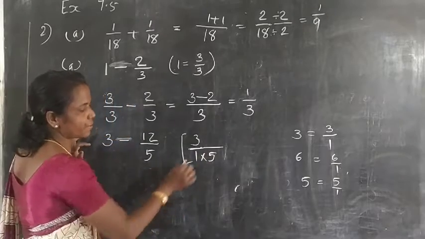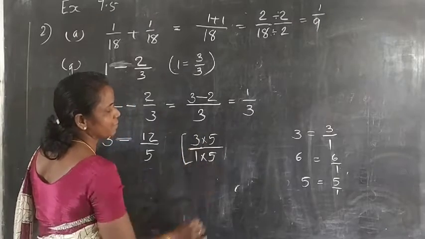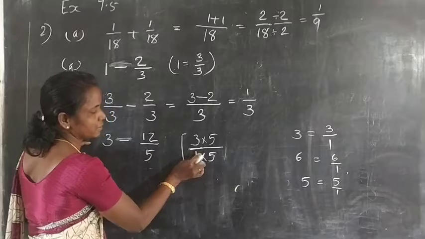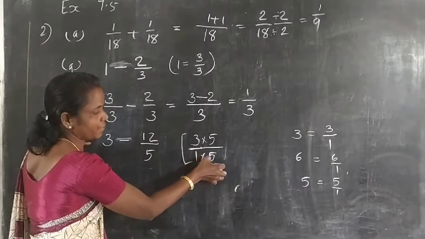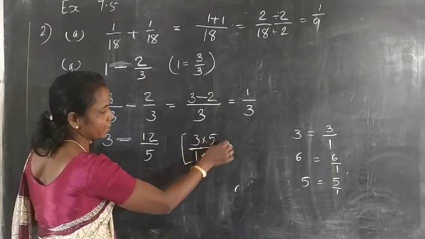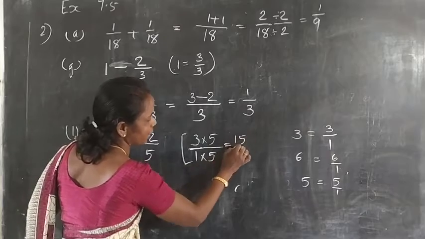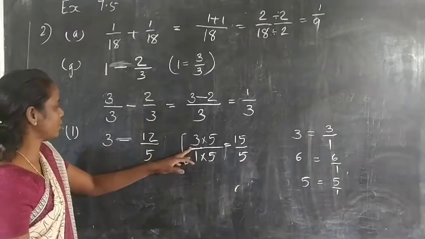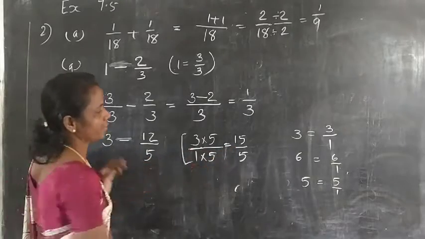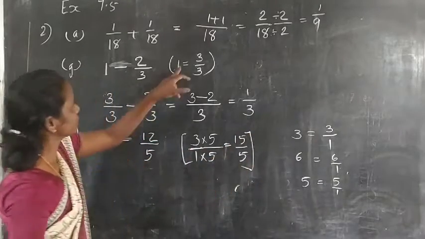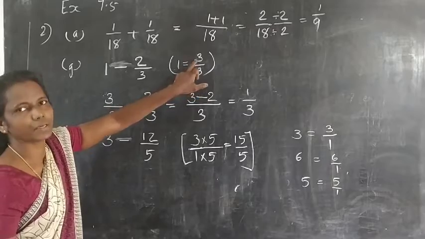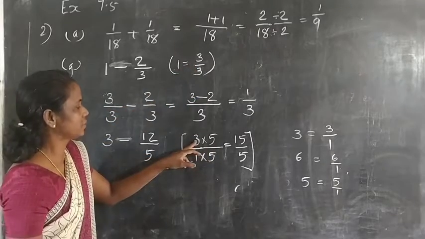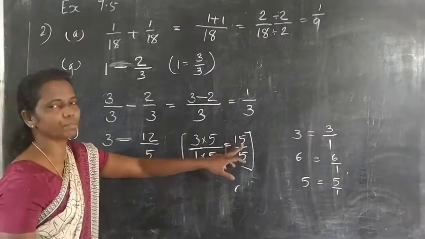Numerator multiply by 5, denominator also multiply by 5, so 3 is equal to 15 by 5. Same as 1 is equal to 3 by 3, likewise 3 is equal to 15 by 5.